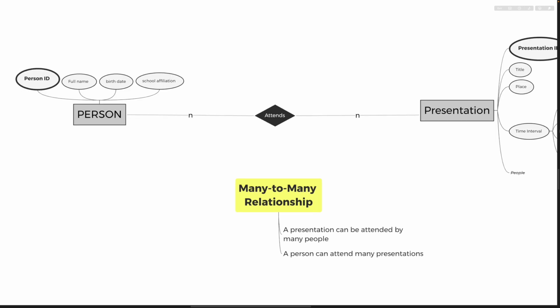The final relationship is that besides the one-to-one relationship and the one-to-many relationship, there can also be a many-to-many relationship. In the case of the relationship between a person attending a presentation, I assume that a person can attend many presentations, and that in the other direction, a presentation can be attended by multiple persons.